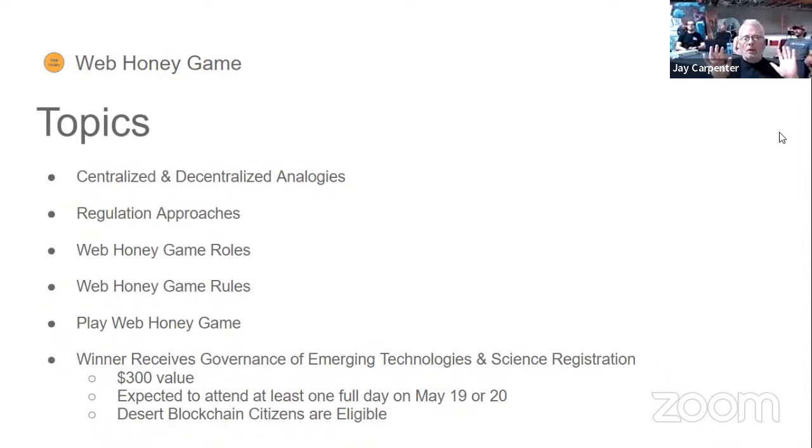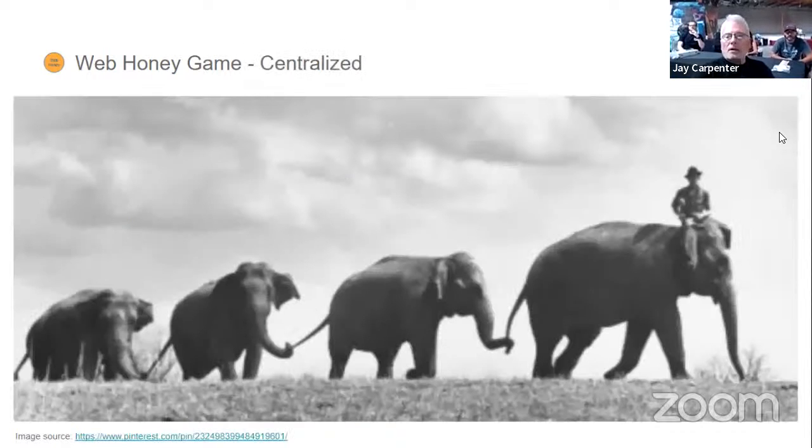And whoever walks away with the most money, because we're going to be playing with real money, and this is a simulation, but whoever walks away with the most money is going to get a ticket, a $300 value, to the Governance of Emerging Technology and Science Conference that's coming up this Thursday and Friday at Arizona State University, Sandra Day O'Connor College of Law. If you do take the ticket, we request that you attend at least one full day. So that's how it's going to go.